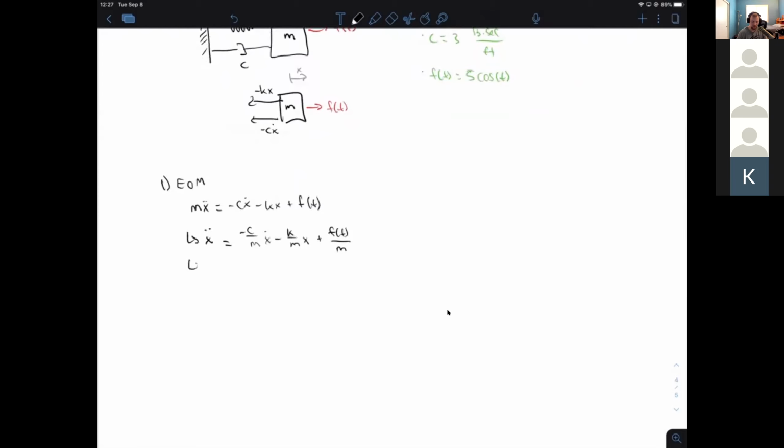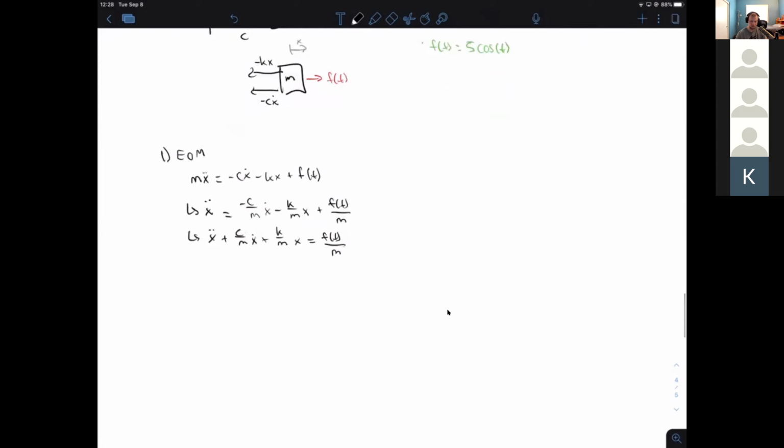Then I'm going to rewrite this as x double dot plus c over m x dot plus k over m x equals f of t over m. I just brought some terms over to the left-hand side. Then we plug in for c, m, k, and our forcing excitation.